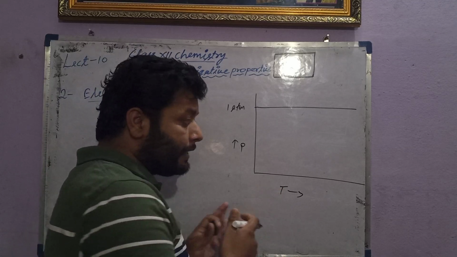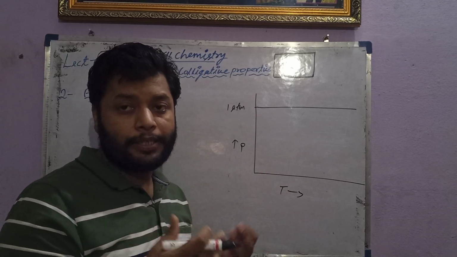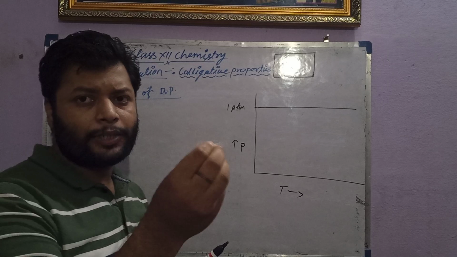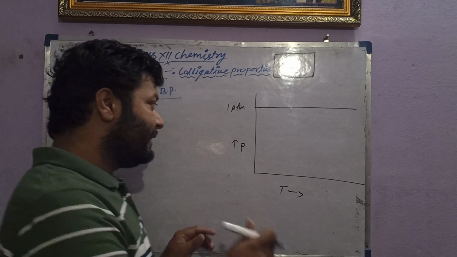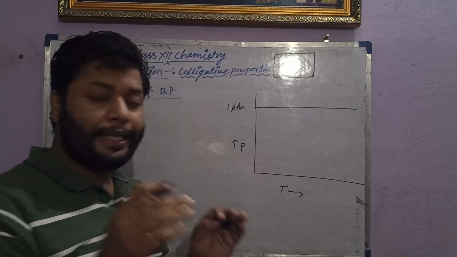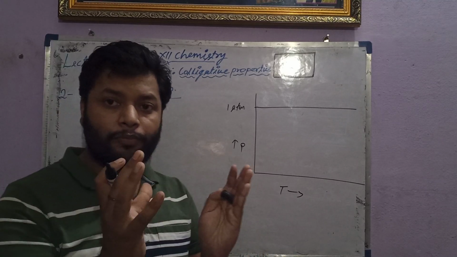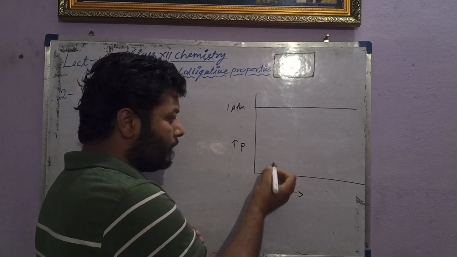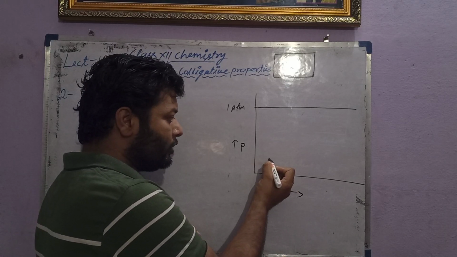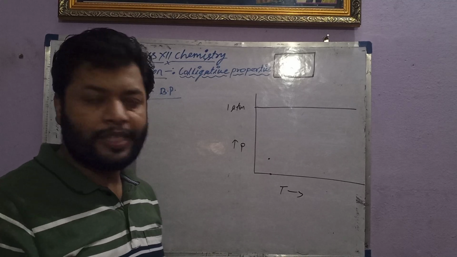As we increase the temperature, the pressure increases. Students, you have to learn that at any given temperature there is always some vapor pressure of any given liquid. Suppose at this temperature the liquid has this amount of vapor pressure.